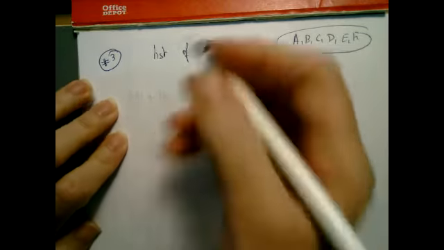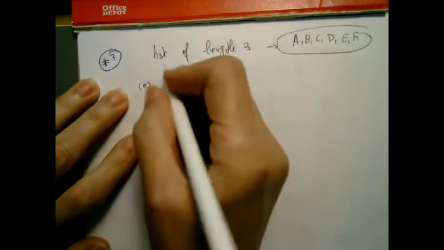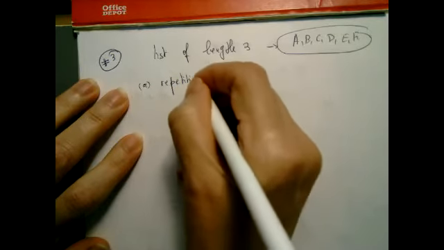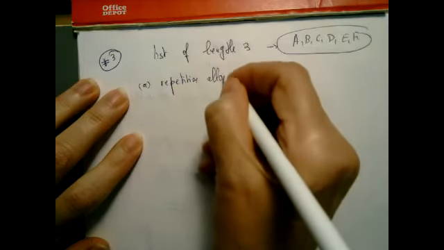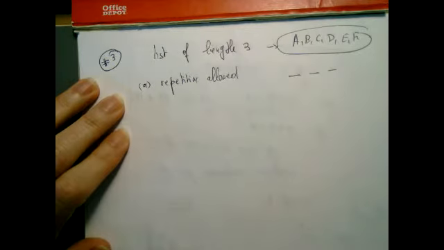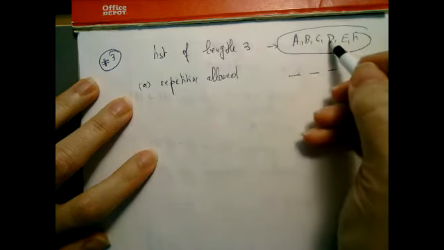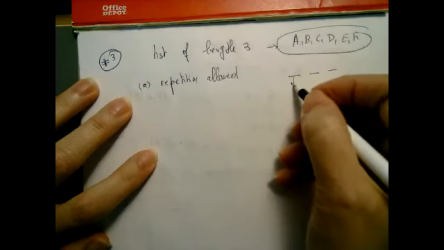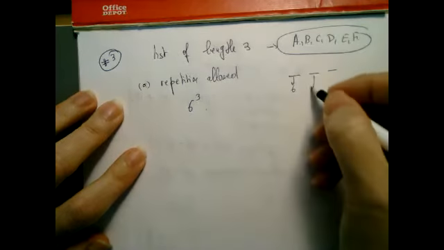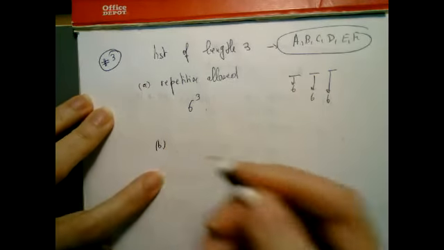Usually the first questions are easy. Part A: repetition allowed. So 1, 2, 3. If I'm going to allow repetition, I have 1, 2, 3, 4, 5, 6, so 6 choices for each. So it's going to give me 6 to the power 3.